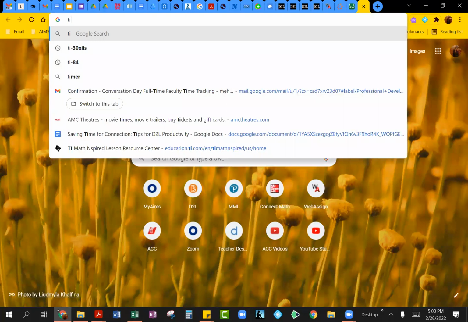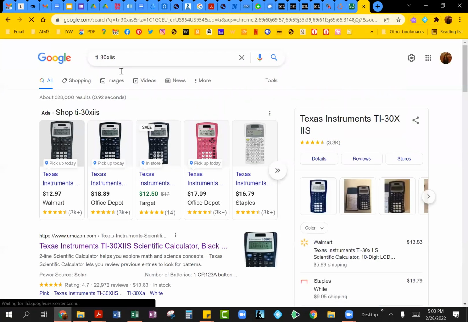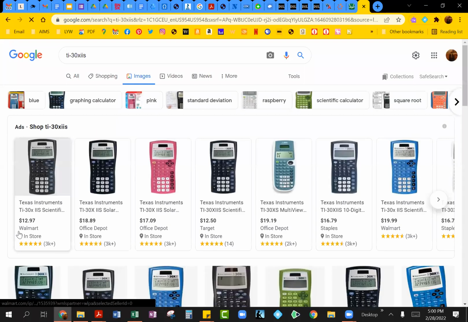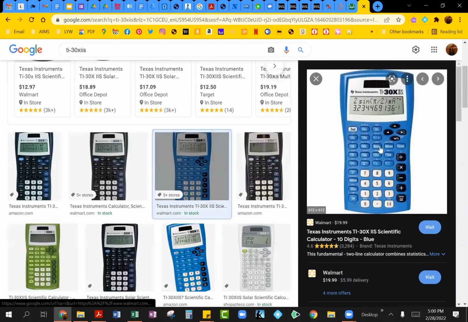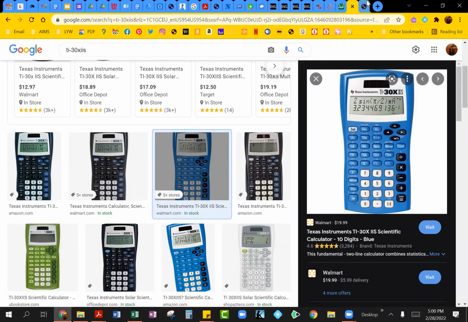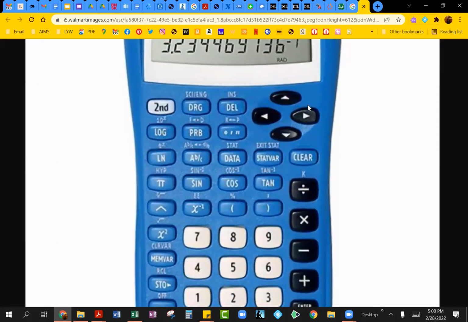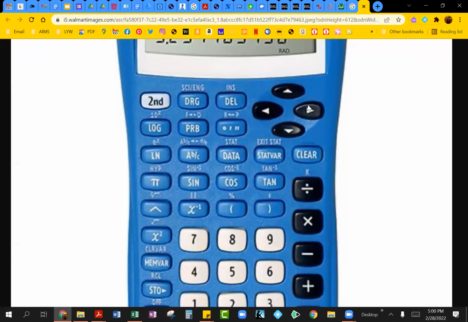And the other thing I wanted to show you, we'll do our little TI calculator here just to show you what those calculator functions will look like. I hope this is going to be a bigger image. I guess it'll have to do. So where you see your sine, cosine, tangent functions, right above that, you should be able to see the sine inverse, cosine inverse, tangent inverse.